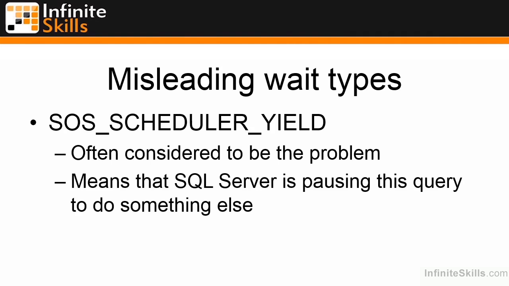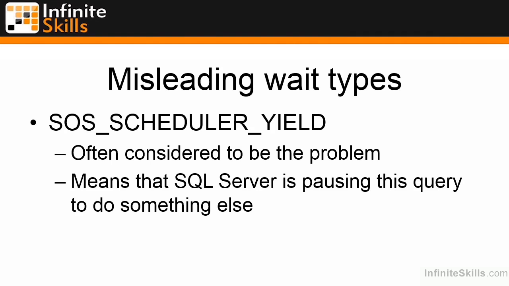So I'm going to dive down a bit of a rat's nest for a minute here and talk about how the SQL Server engine actually works. So within SQL Server, we have threads. Each of these threads is assigned to a scheduler. The scheduler is what lets SQL Server know when it's time to do stuff. And it's literally just a queue of things that SQL Server needs to get done.